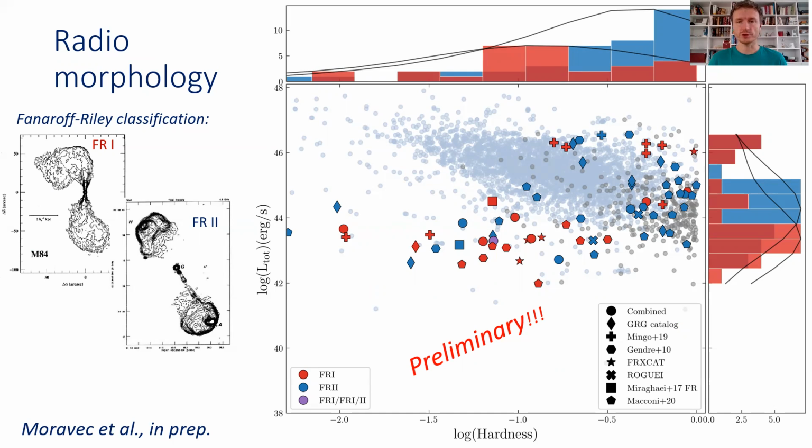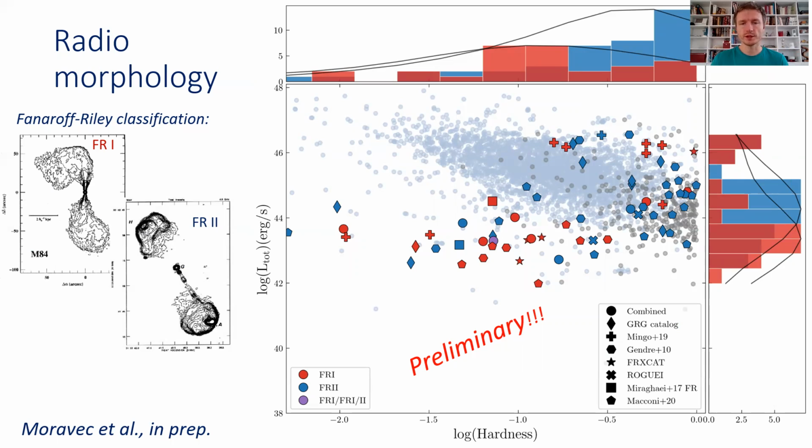While the FR2 sources, the blue points in this diagram, are dominated by the radio emission from the extended radio lobes. This might be related to the density of the intergalactic matter environment, but also depending on the accretion state, whether the jet had the time to evolve into large structures.